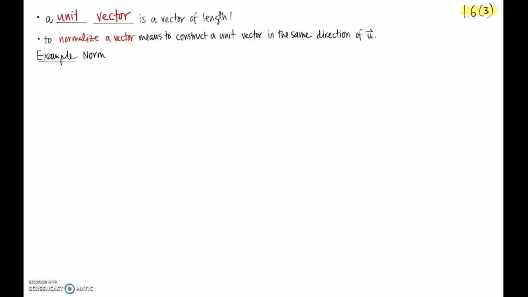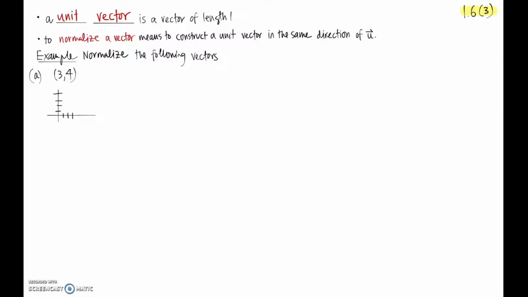Normalize the following vectors. The first one that we'll normalize is just the vector (3, 4). This vector in R2 looks like this.